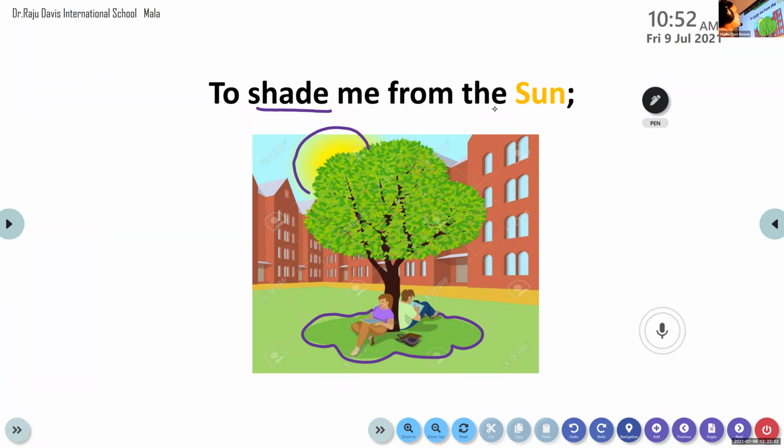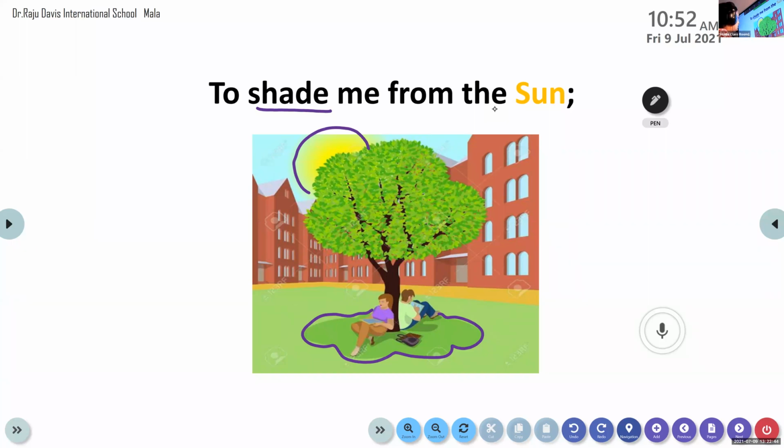So, my dear students, when we stand under a tree, the tree shades us or it protects us from the heat of the sun. Understood?